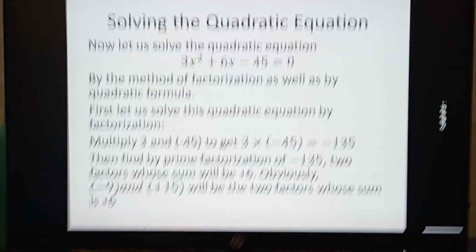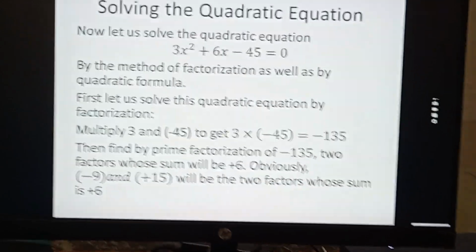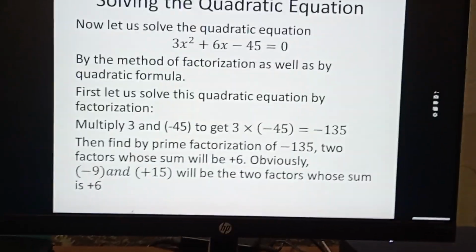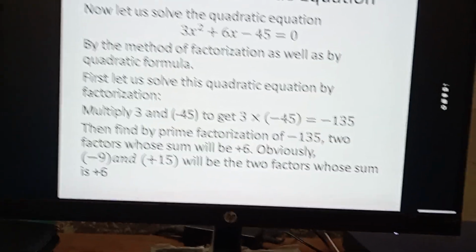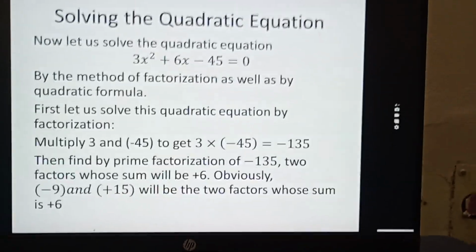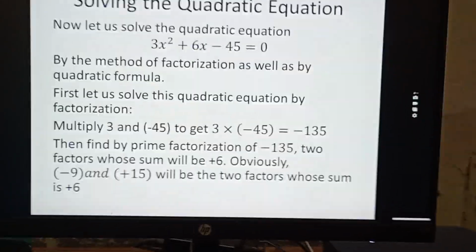Now, solving the quadratic equation by the method of factorization, as well as by the quadratic formula, we'll see that later. First, let us solve this quadratic equation by factorization. You have already done this in 9th standard.